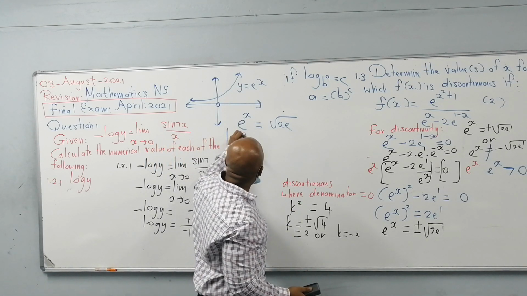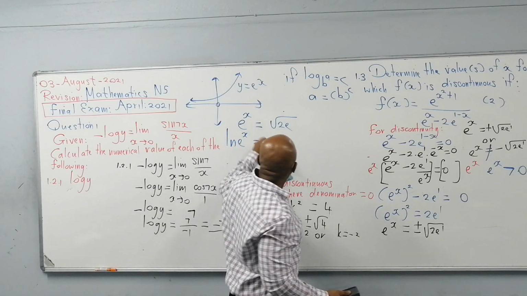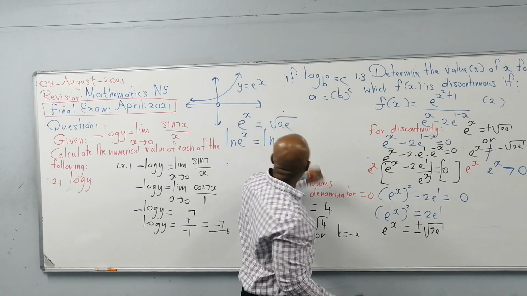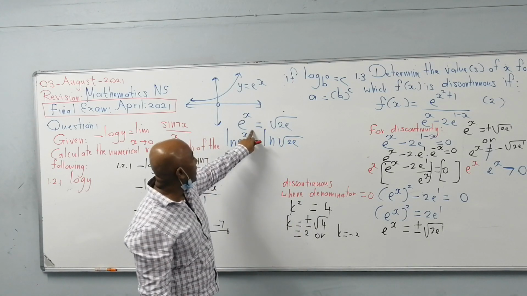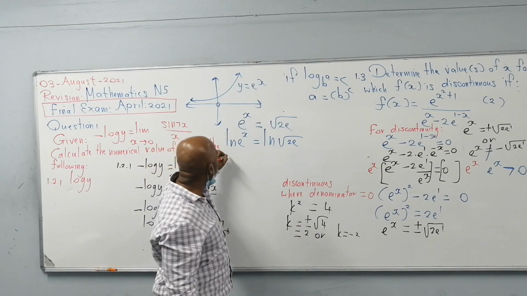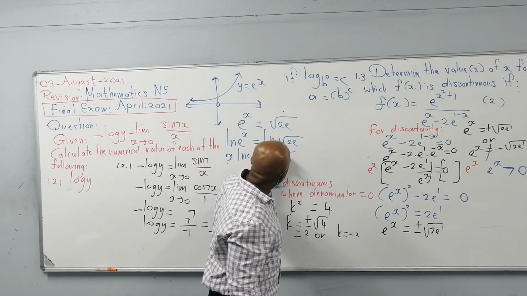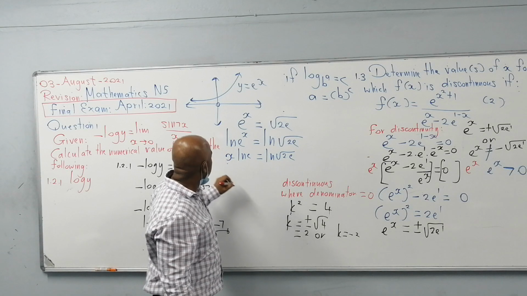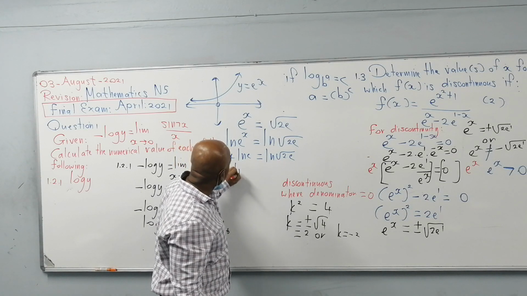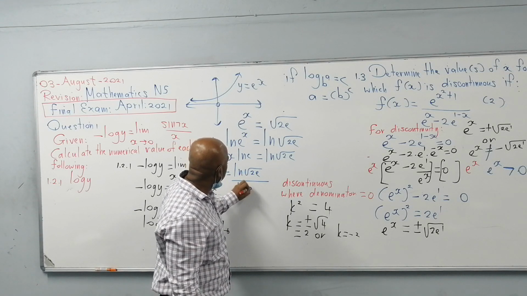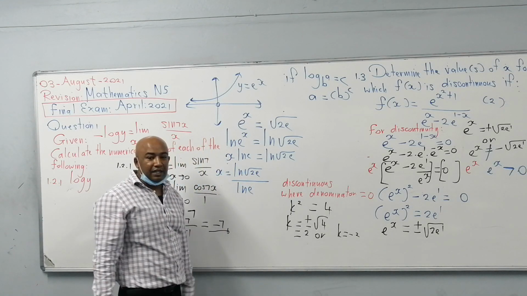So you go ln of e to the power x is equal to ln of the square root of 2e. And now I can bring down this x value there, so that's going to be x ln e is equal to ln square root 2e. So I got x is equal to ln of the square root of 2e, all divided by ln e. We know that ln e is 1.